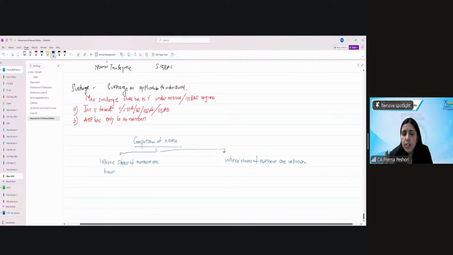Now, when the shares of the members are known, meaning that we know the arrangement between them to share the profits and losses, like there is a predetermined sharing ratio of the profit and losses, in that instance also we have further categories.